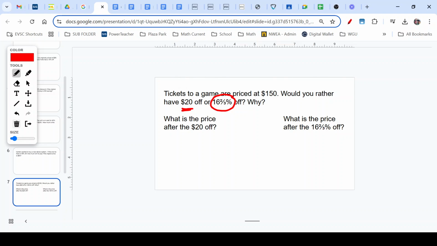If I'm looking at just the numbers, a lot of people would say they would rather have the $20 off because it is a bigger number. Well, we need to figure out what our 16 2/3% is by setting up and solving a proportion.